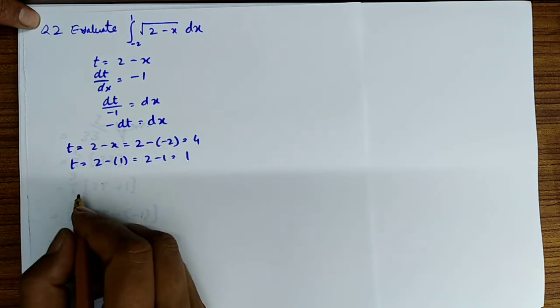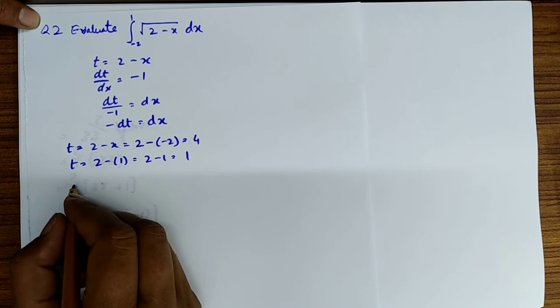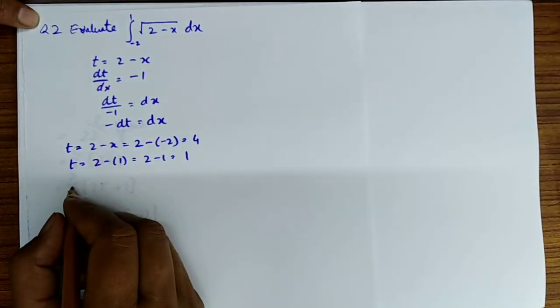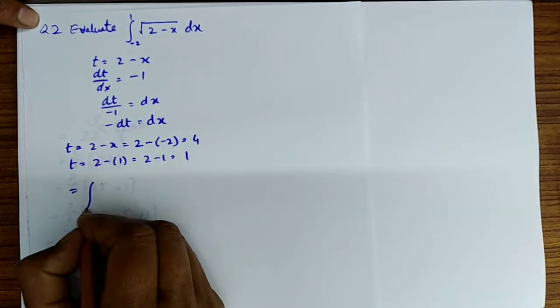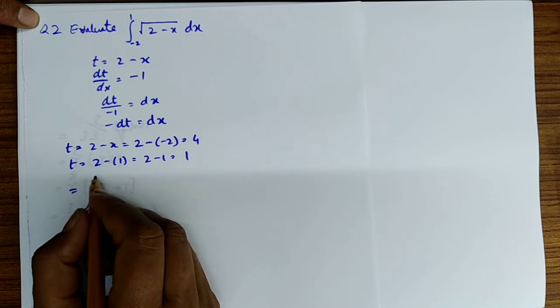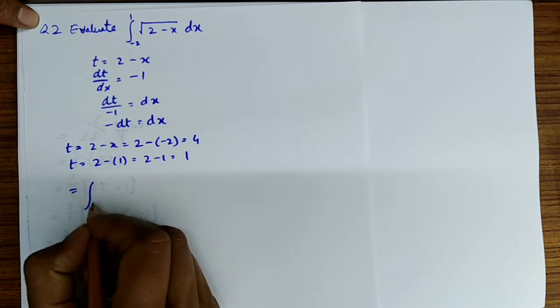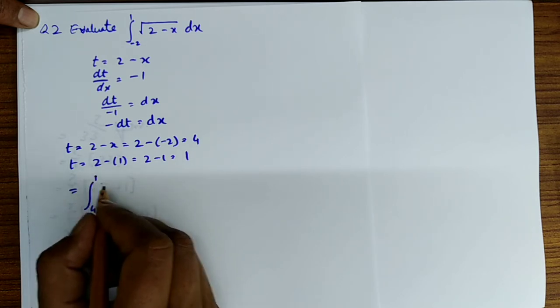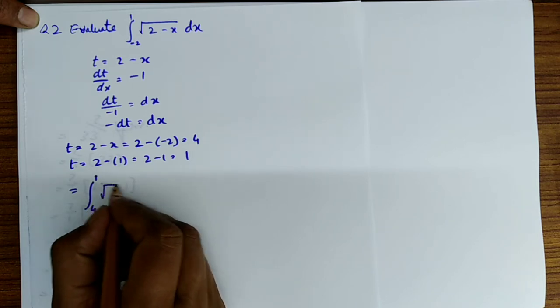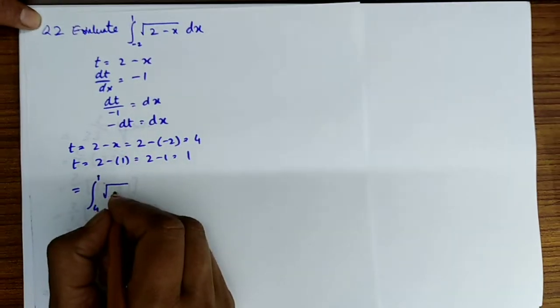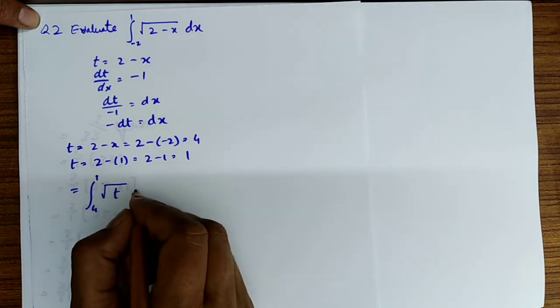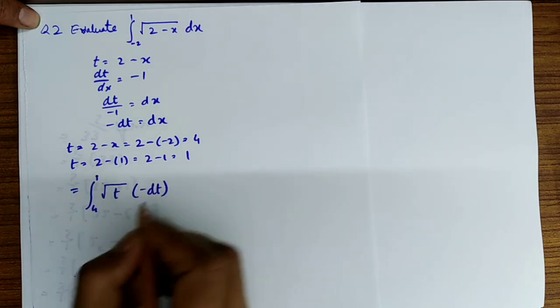Now putting all these values, by substituting the values in the given question, the lower limit is 4 and the upper limit is 1, and in place of this 2 minus x I am going to write t, and in place of dx I am going to write minus dt.